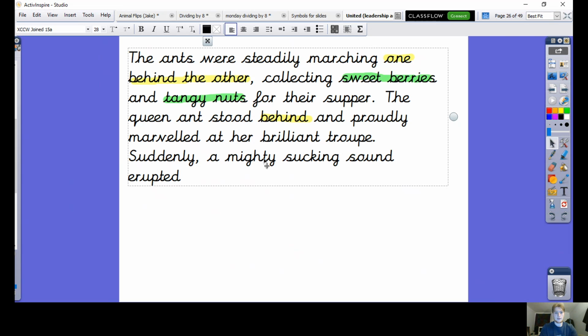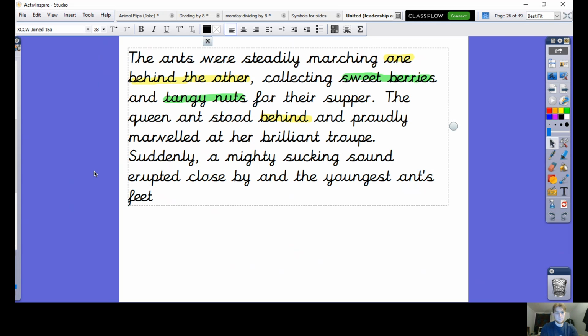So I've used mighty and erupted here, okay? Close by. And the youngest ant's feet. Remember, the ant possesses its feet.